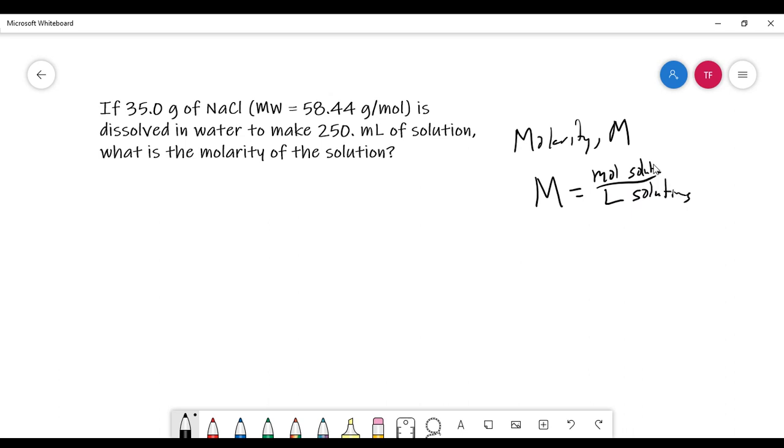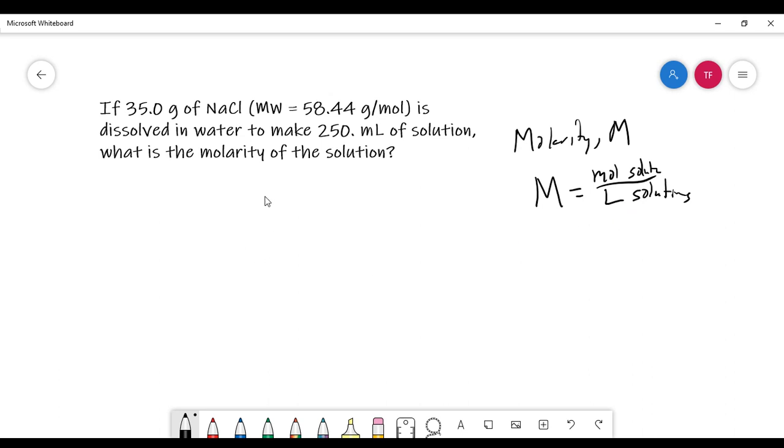In other words, the moles of what's dissolved, the part that's dissolved, divided by the liters of the entire solution. So with molarity, we can start figuring out how much of something is dissolved in a particular volume of solution.